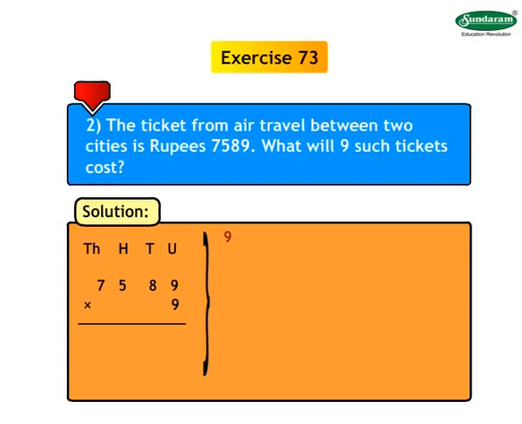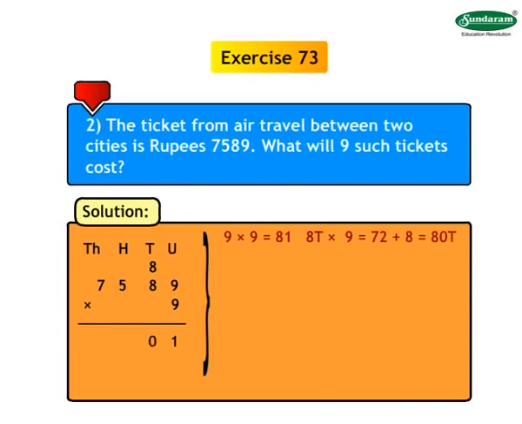Thus, 9 into 9 is equal to 81. Write 1 in units place of answer and carry over 8 to tens place of multiplicand.